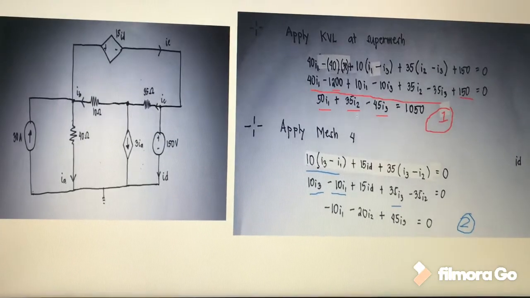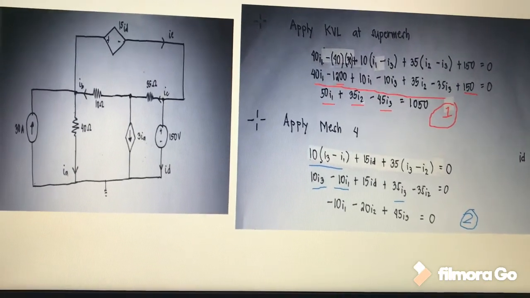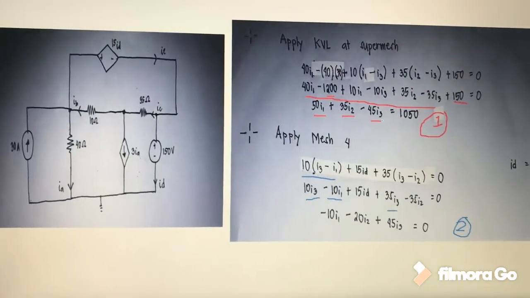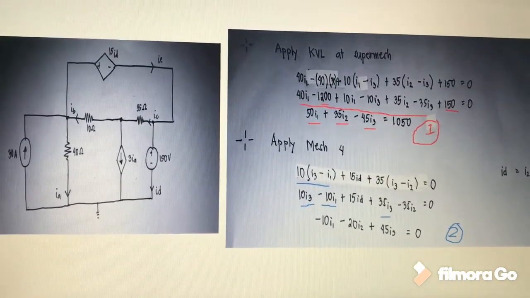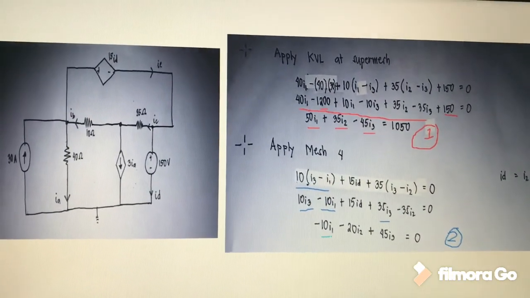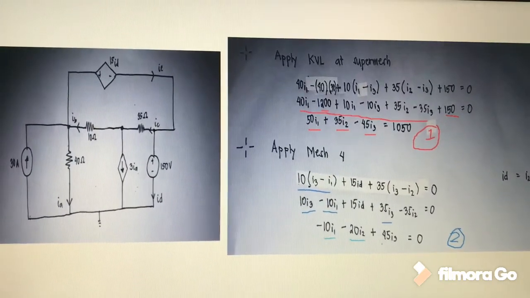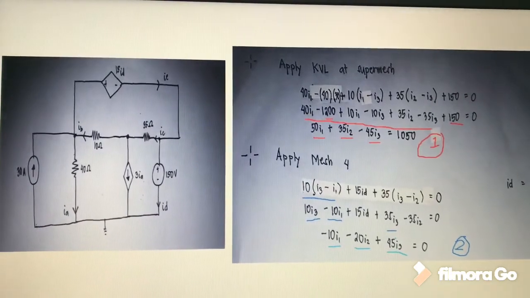So equation number 1 has 50I1, 35I2, and negative 45I3. So it is complete. Equation number 2 has negative 10I1, negative 20I2, and positive 45I3. So it is already also complete.